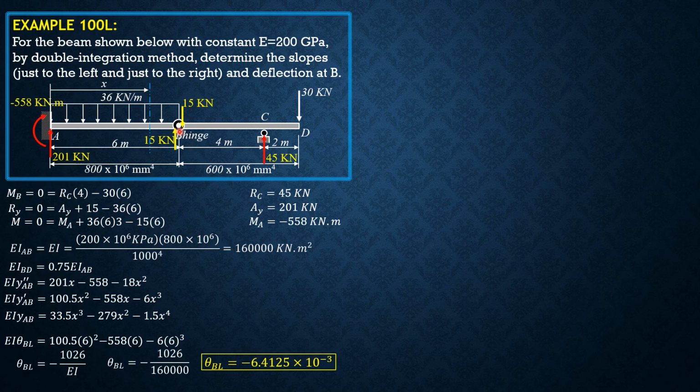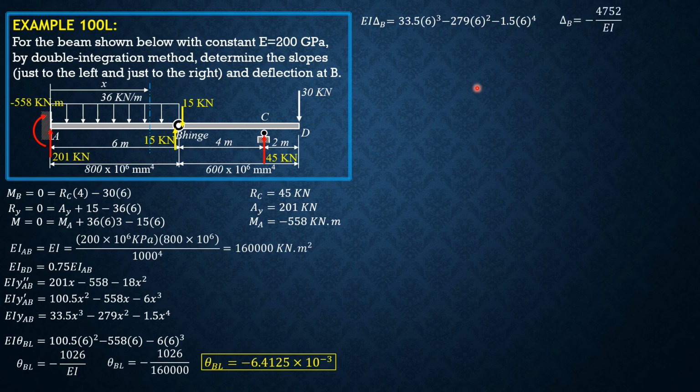Then we can also compute the deflection at B by setting x equal to 6 in this equation. So EI delta B is equal to 33.5 times 6 cubed minus 279 times 6 squared minus 1.5 times 6 to the fourth. So delta B is equal to negative 4752 over EI.